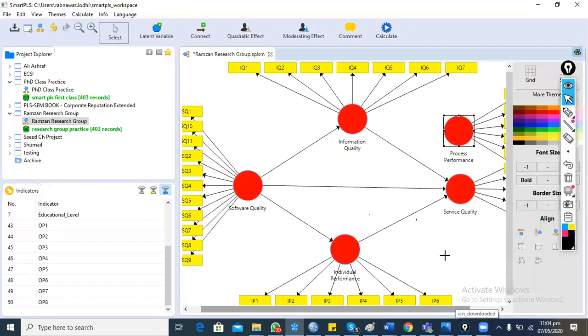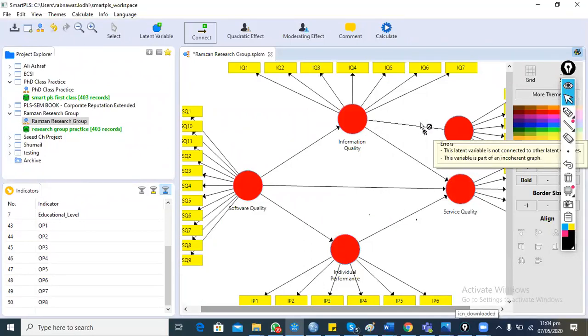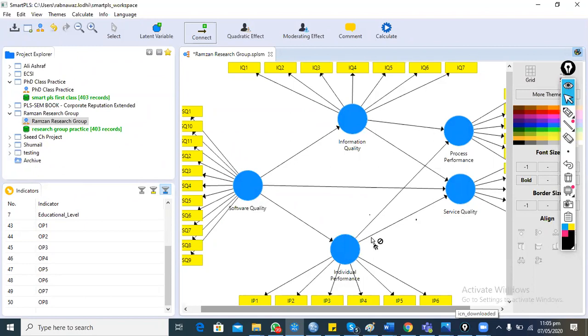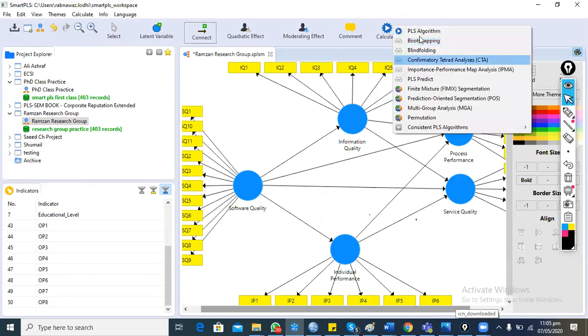These are now the two dependent variables. So I need to connect the relationship of mediations with that particular dependent variable, and also the direct effect of that particular independent variable. So we can also apply this particular bootstrapping technique.